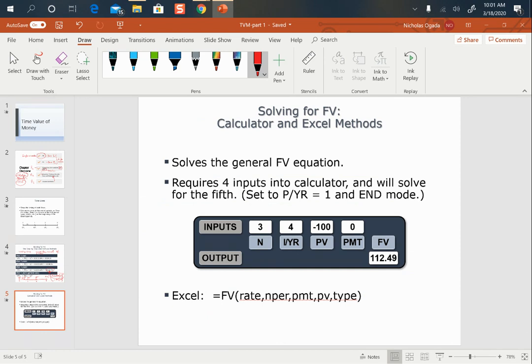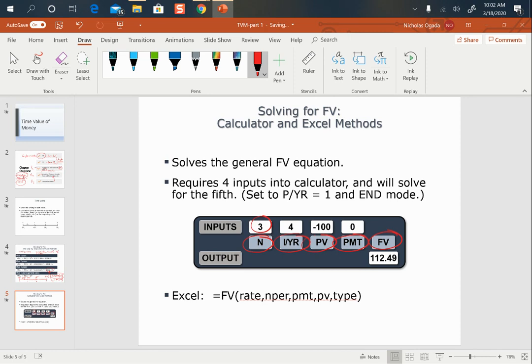If you're using a financial calculator, you should have the time value of money keys: the future value key, the PMT key, the present value key, the interest key, and of course the number of periods. What you do is enter 3 as the number of periods, 4% as the interest, and you're investing $100 today.